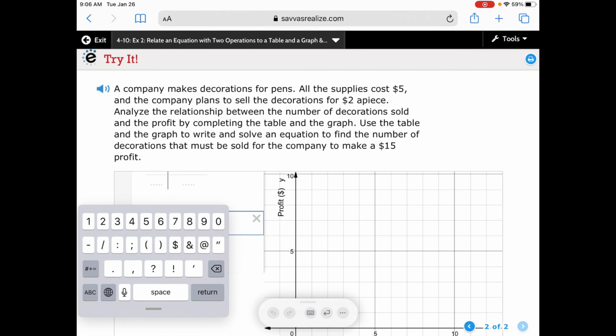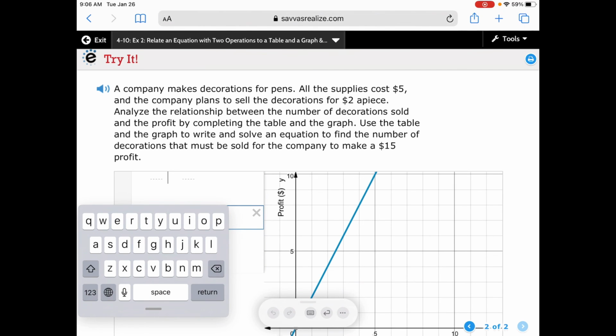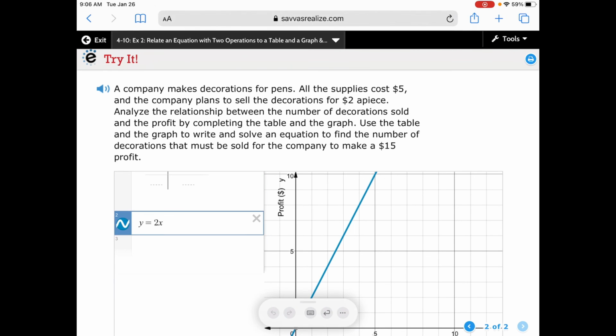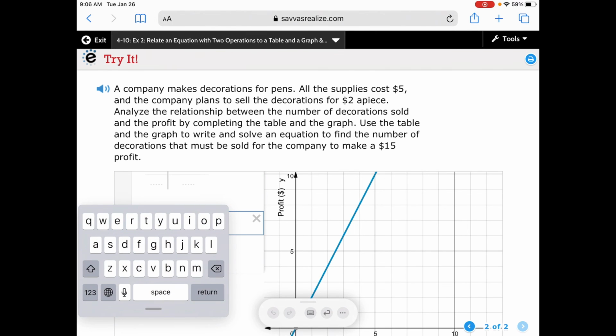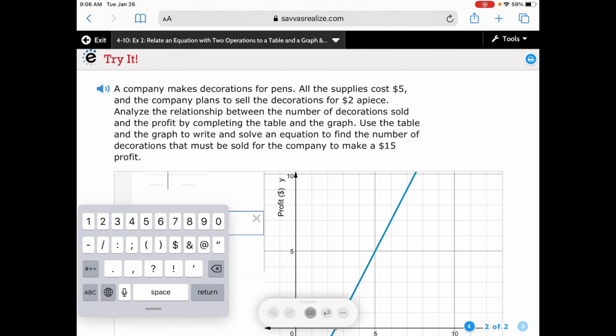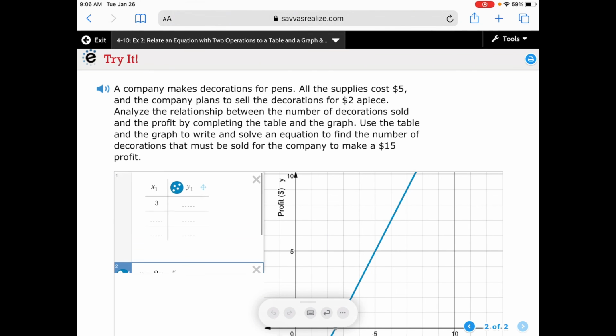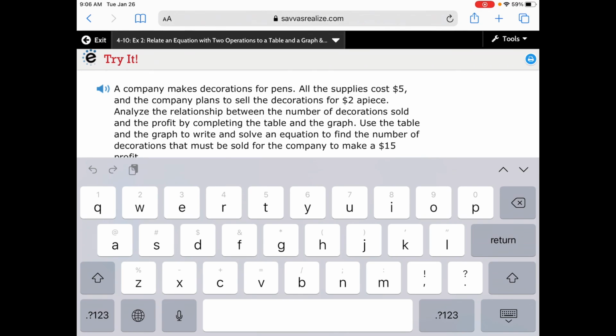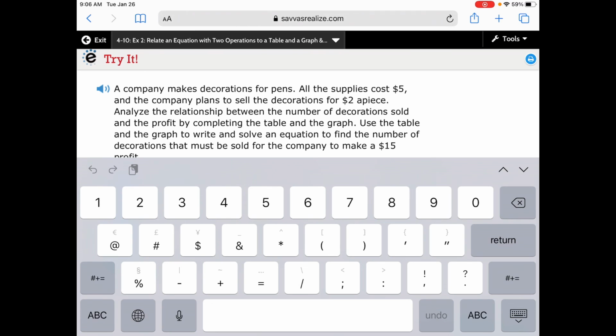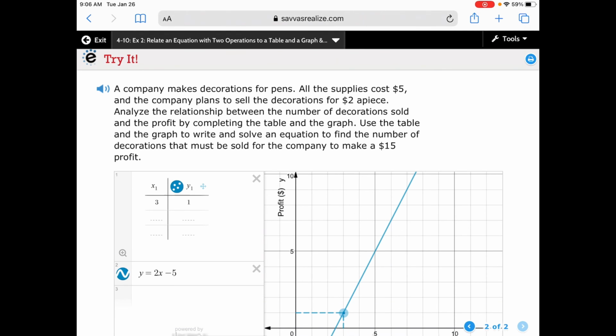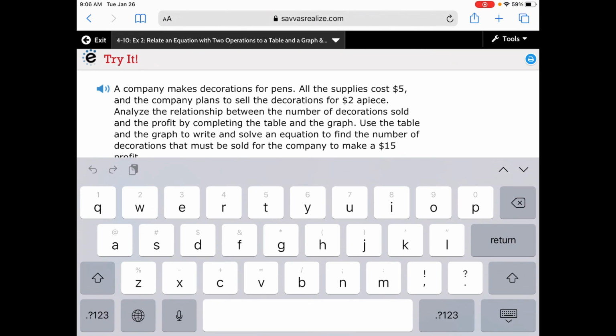So, what we can type in here is 2x minus 5. So that's what we have here. And then for our coordinates, we have 3, and then the next one's going to be 1, right?